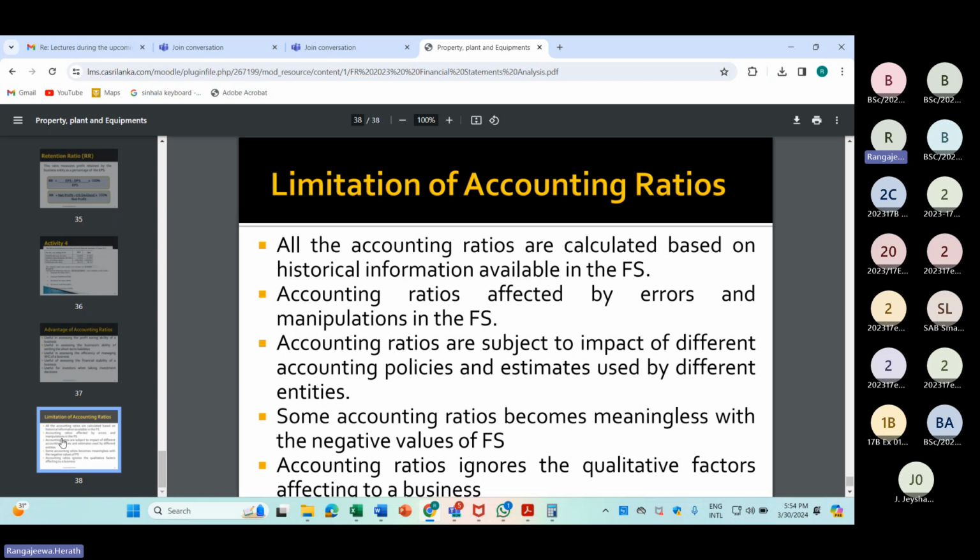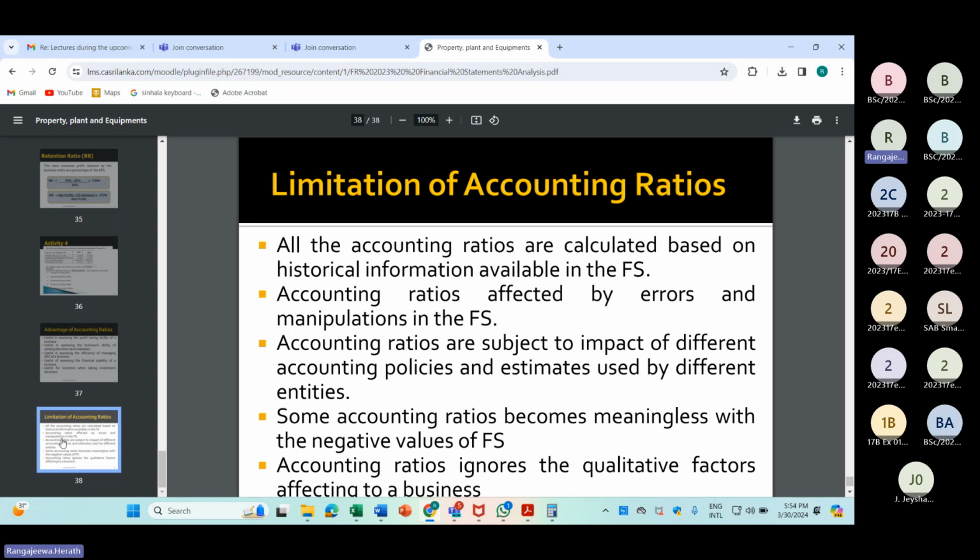For creditors payment period, we take all purchases as made on credit. That may not be the real scenario. And we take a simple average, opening and closing inventory divided by 2, and assume that is the average inventory available throughout the year, which may not be the case.